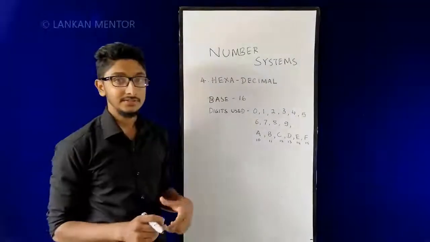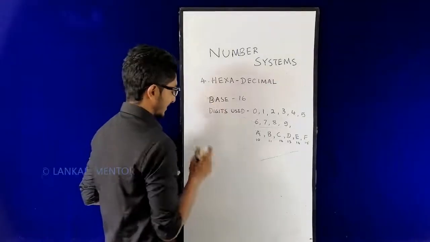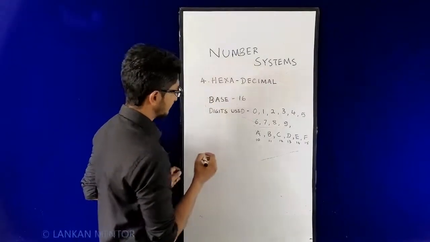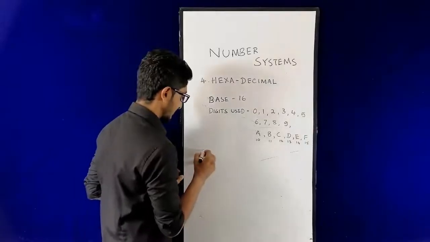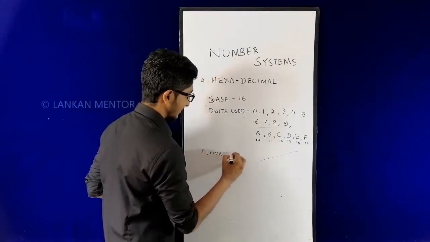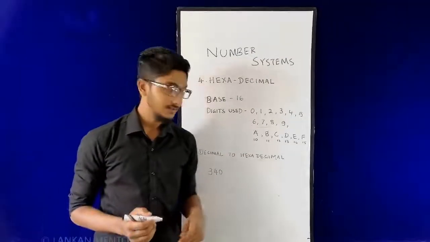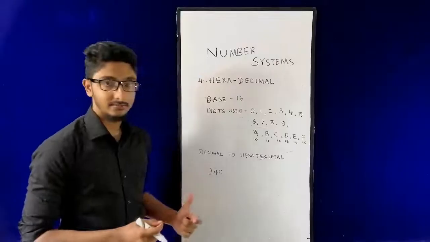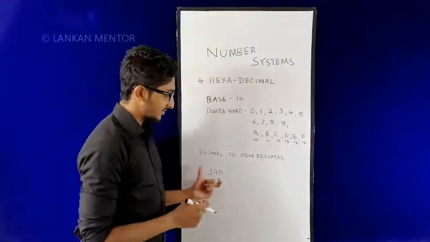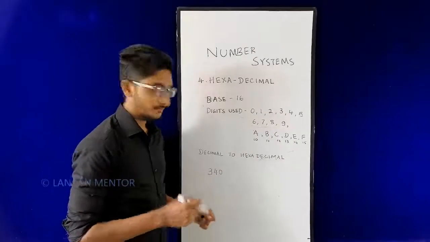Now we'll go for converting. Okay, we'll convert a decimal number, decimal to hexadecimal. Okay, now I have written 340 as the decimal number. Now we are going to convert 340 into hexadecimal value, right?